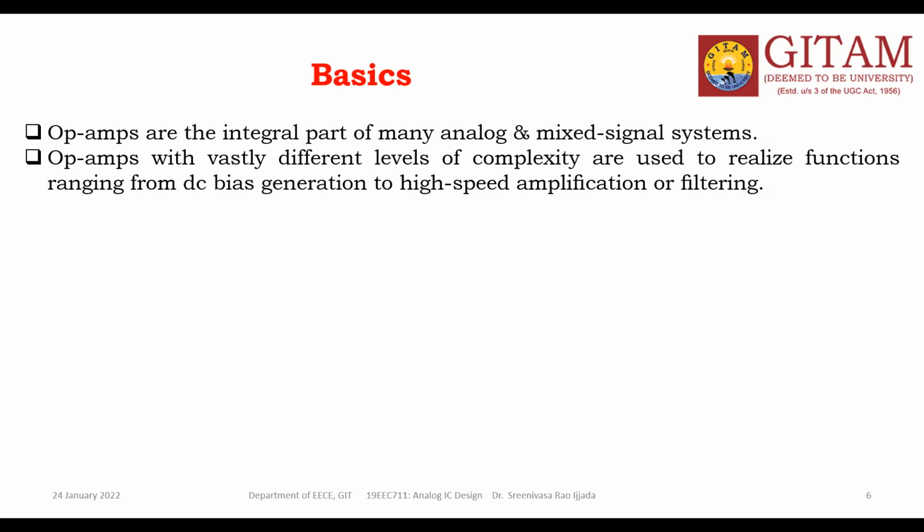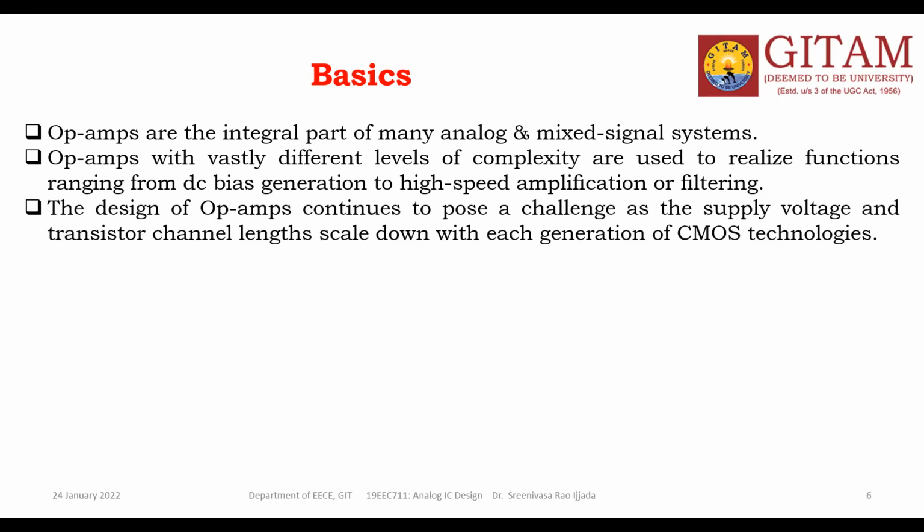Complex means two stages, three stages, with some extra circuits for compensation. Sometimes we need to generate biasing, sometimes high speed amplification, sometimes filtering. Based on the function required, the op amp complexity can be varied.